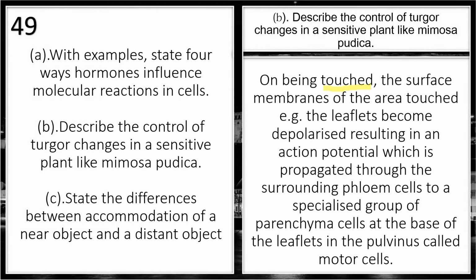On being touched, the surface membrane of the area touched, for example, the leaflet, becomes depolarized, resulting in an action potential, which is propagated through the surrounding phloem cells to a specialized group of parenchyma cells at the base of the leaflets of the pulvinus called the motor cells.